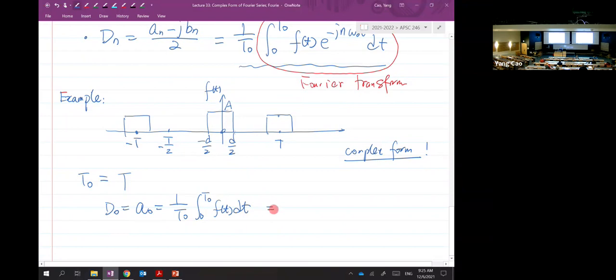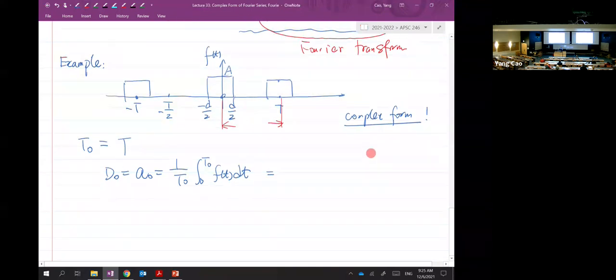So integrate within one period, 0 to T naught, this f of t. Technically, 0 to T naught means from here to here.